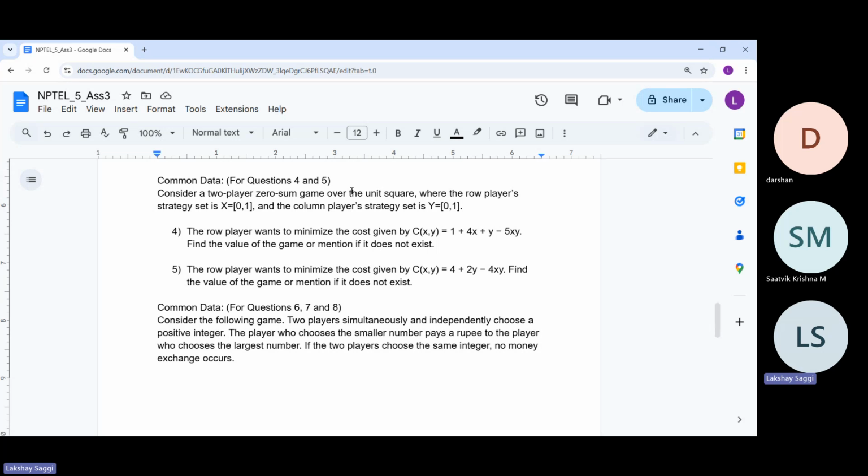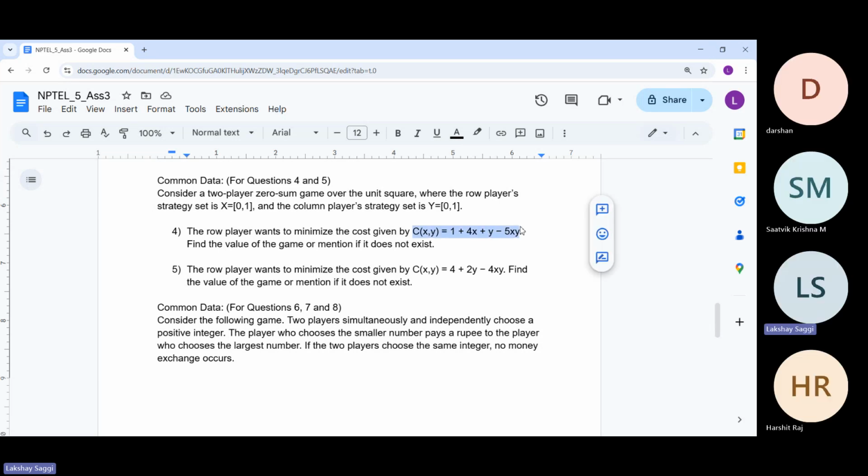So consider a two-player zero-sum game over the unit square where the row player's strategy set is x from 0 to 1, and the column player's strategy set is y from 0 to 1. Both these players will put out a number between 0 and 1. The fourth question says that the row player wants to minimize the cost given by this value. So we also have this cost function given to us.